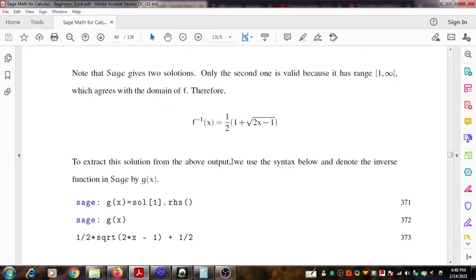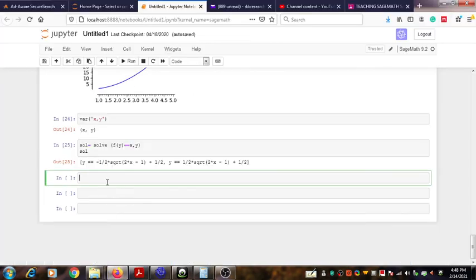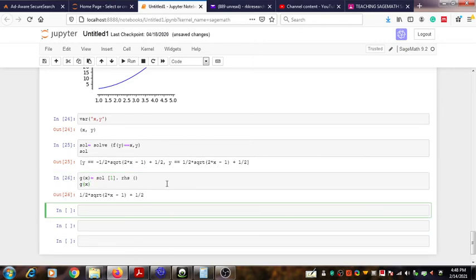Gx will stand for the inverse function. Then you can type gx, and after that just enter, and we have obtained half of square root of 2x minus 1 plus 1 by 2 as the function stored at gx. So this is the inverse of the function.